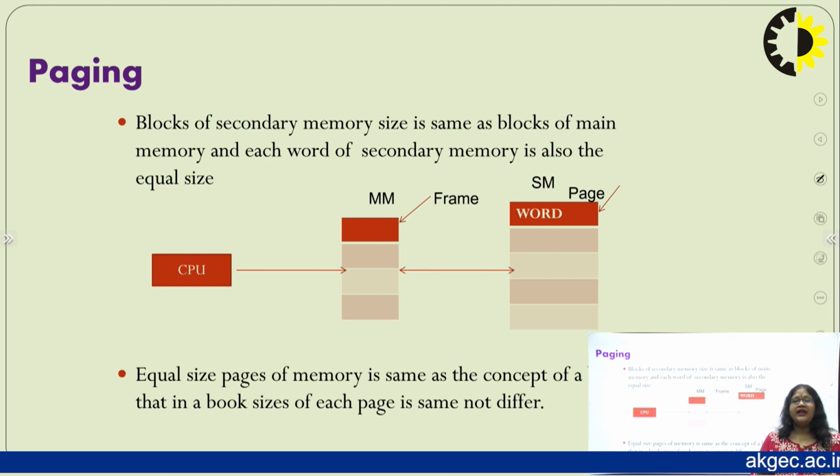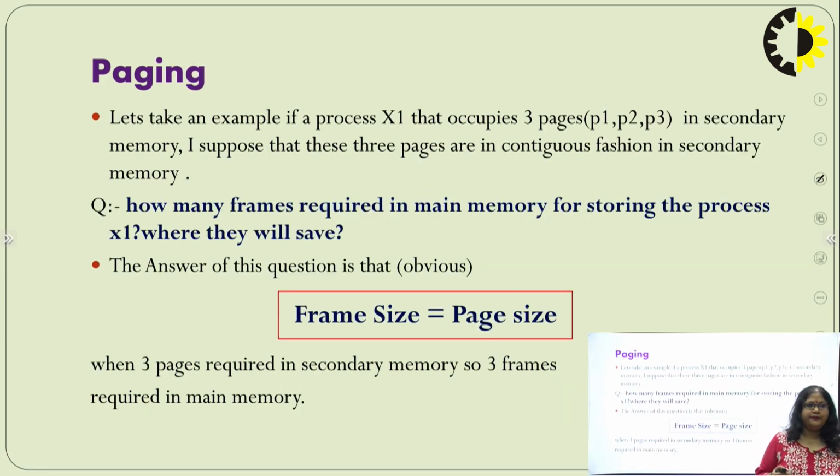Because of the equal size, we can transfer the data from the secondary to the main memory. So, the size of the page and the frame do not differ. This is a very important concept: the page size equals the frame size.